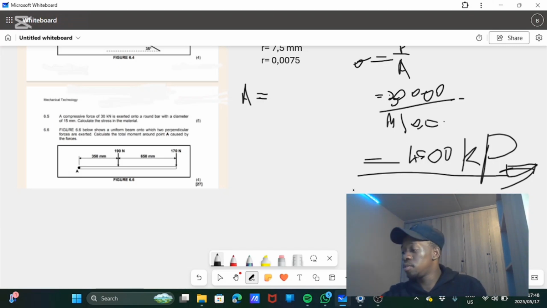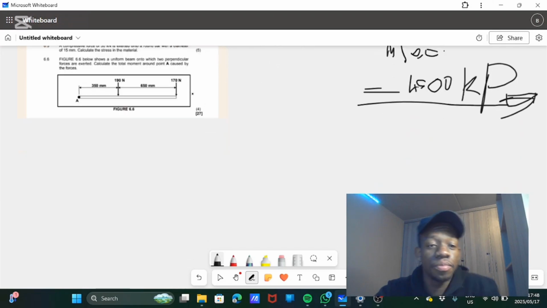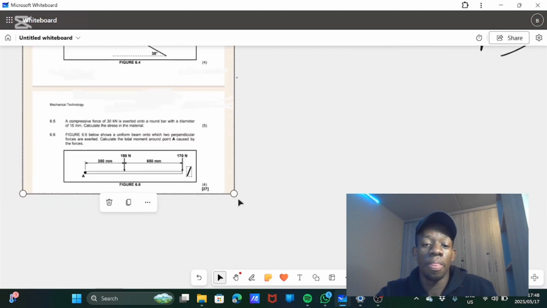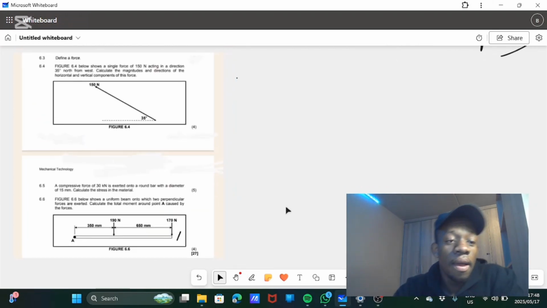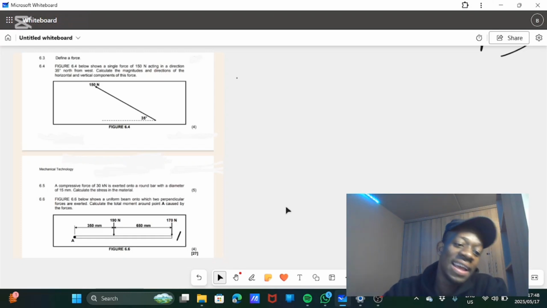Now let's move on to the last question. This question says the figure below shows a uniform beam with two perpendicular forces exerted.